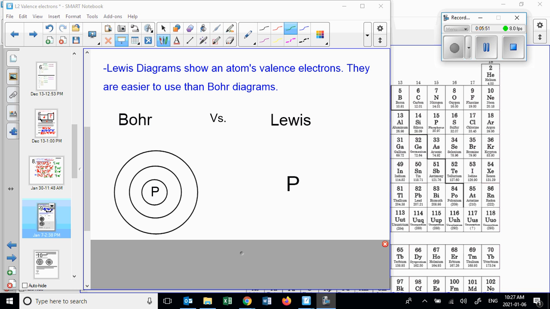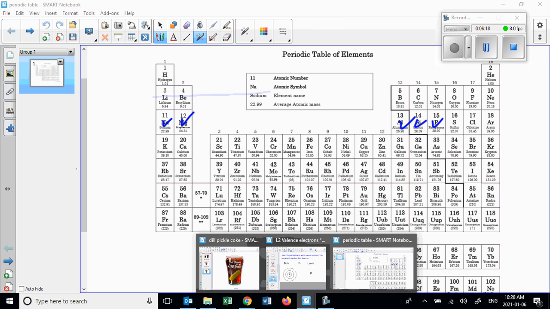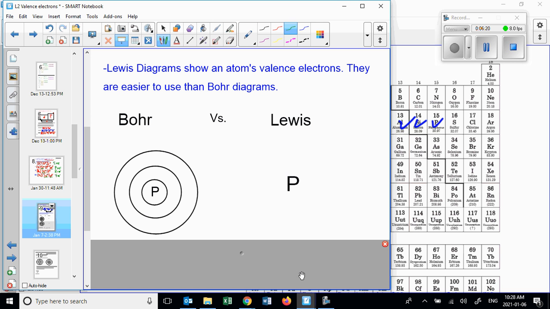Now the way we used to do Bohr diagrams, let's take a look at phosphorus here. You can now see how it's all connected to electron configuration. Here's phosphorus. It's going to use 3 rings, third row. 2 electrons, 8 electrons across the second, and then 1, 2, 3, 4, 5 on the third ring of the Bohr diagram. We now understand the s's and p's.